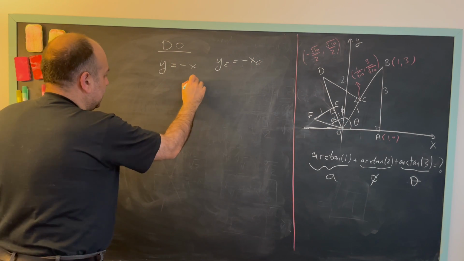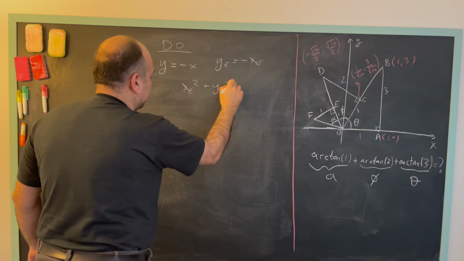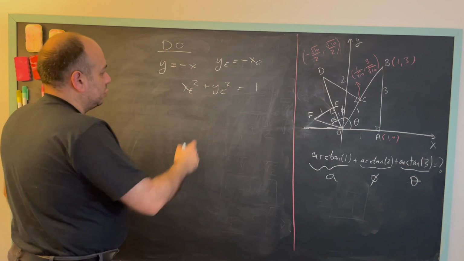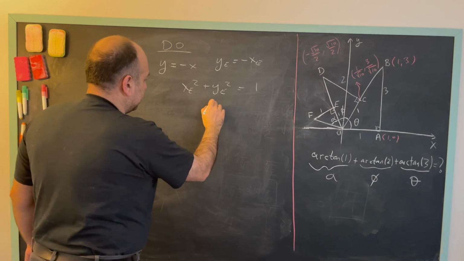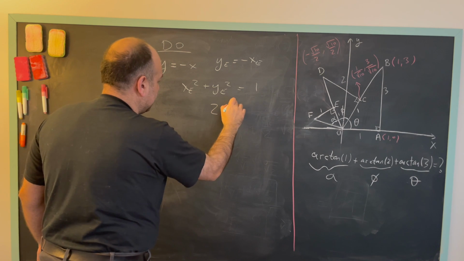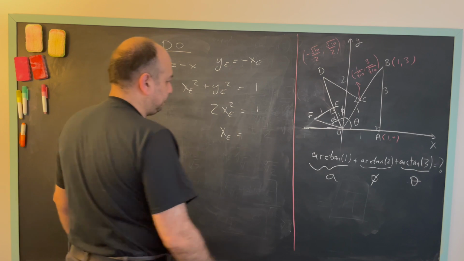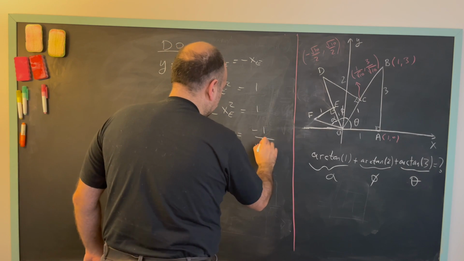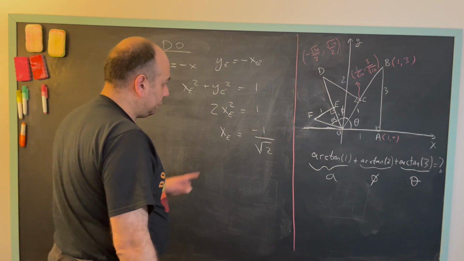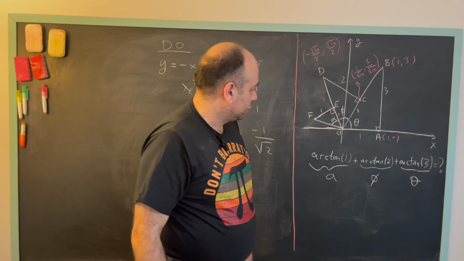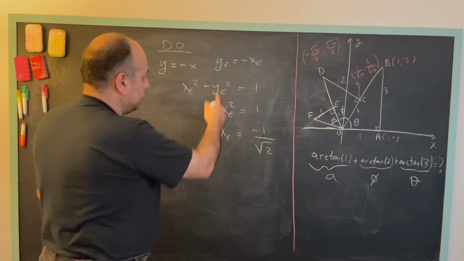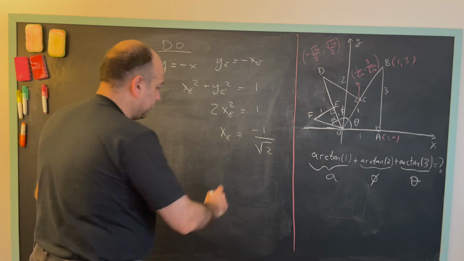So xe squared plus ye squared must be equal to 1. So ye is equal to minus xe, so this gives me 2xe squared is equal to 1. So x of E must be equal to minus 1/√2, because the x coordinate of E must be negative. So the y coordinate is going to be positive.